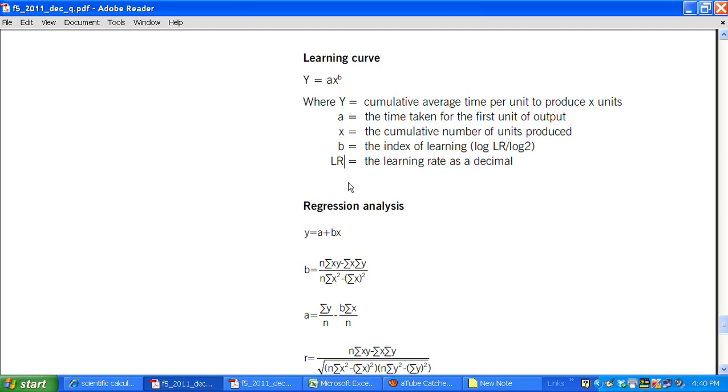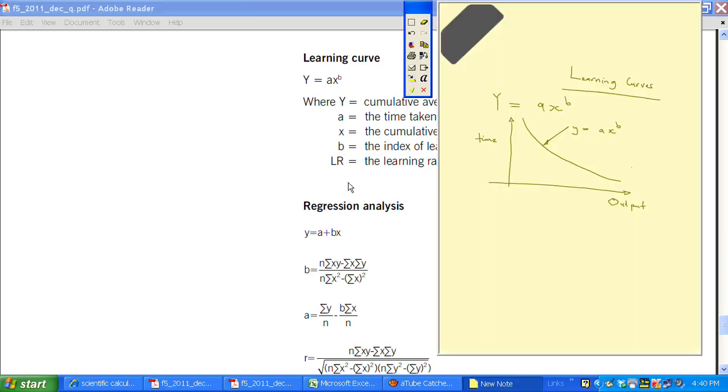So the basic concept here is that as output increases, the time required to produce a unit reduces as well.